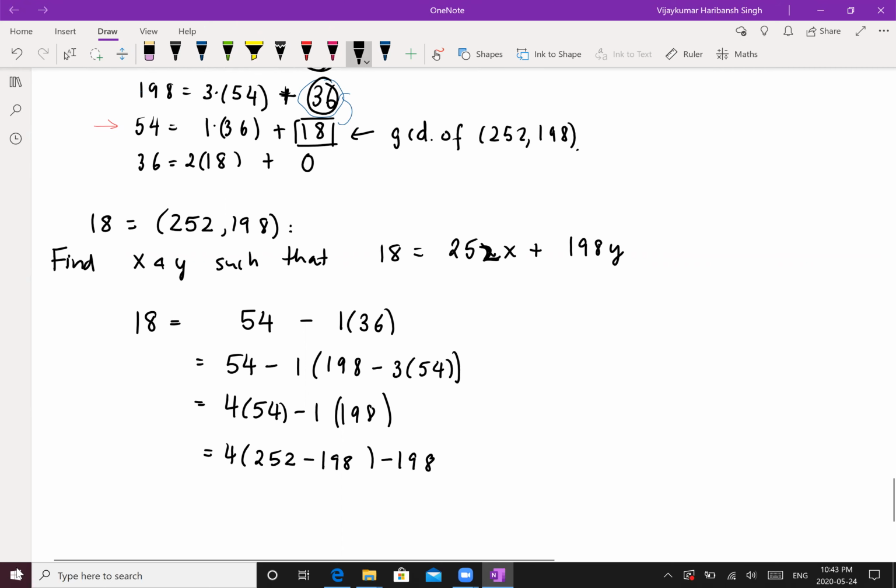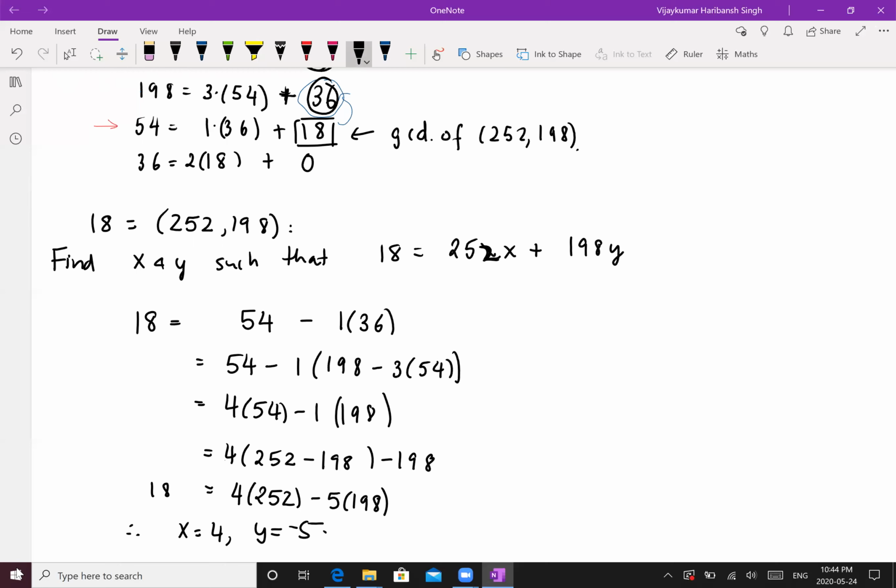Now I get 4 times 252 minus 4 times 198 minus 1 times 198, so minus 5 times 198. So that is 18. Therefore x equals 4 and y equals minus 5. So this is how you find x and y which satisfy the requirement.